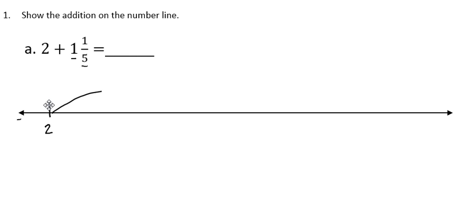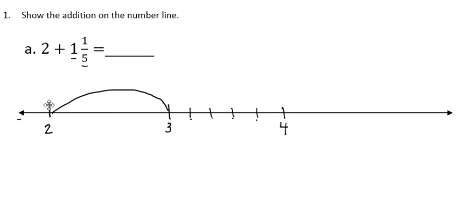So I know if I make one hop of a whole number and I started on 2, that puts me at 3. Now I need to add 1/5. That means that if the next whole number down is 4, then I need to divide the section between the 3 and the 4 into fifths. So I'm going to draw my lines, and each section now represents 1/5.